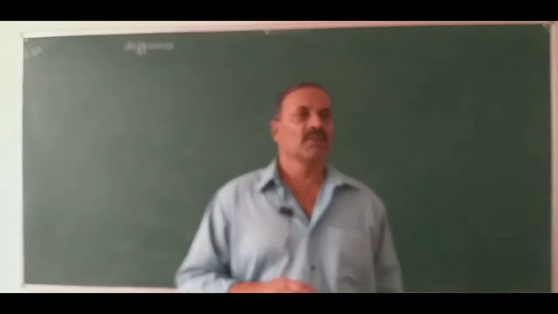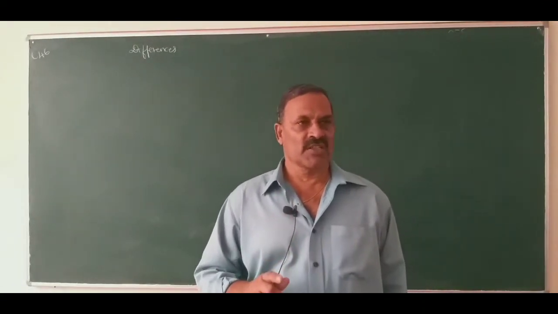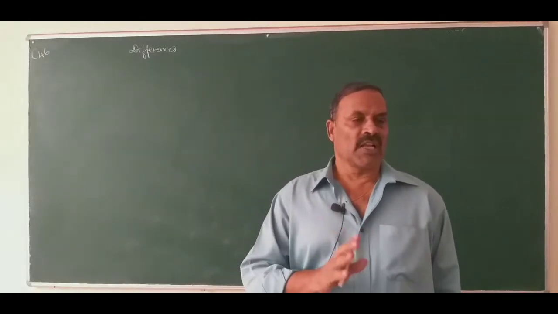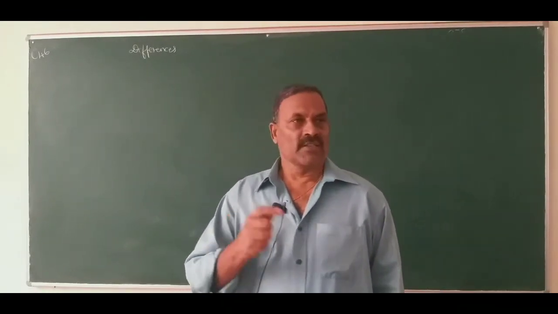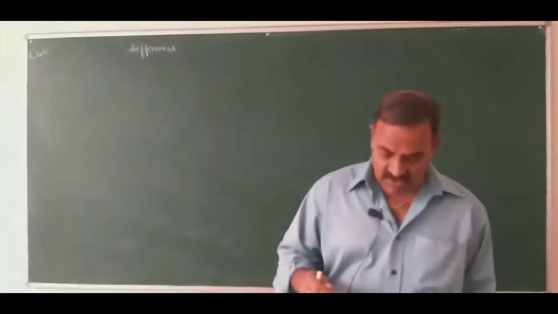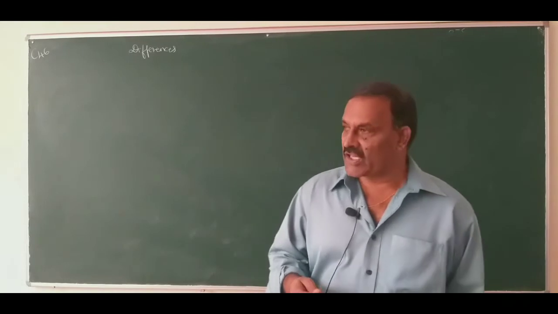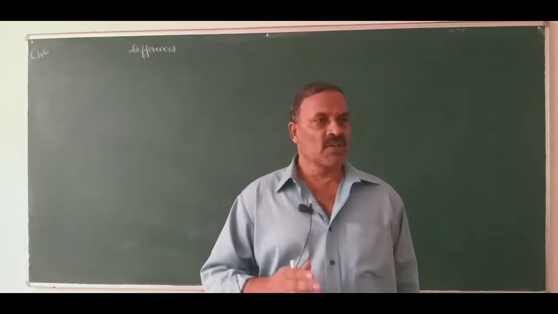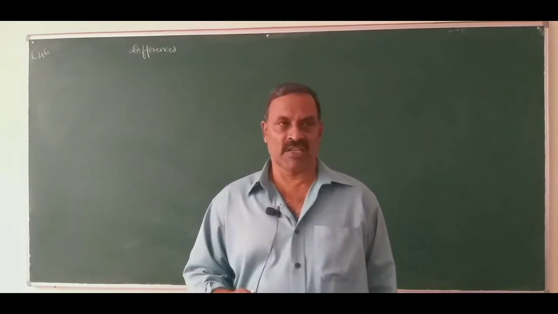Here the free energy of the oxidation reduction reaction is converted into electrical energy. An example of a galvanic or voltaic cell is the Daniell cell. Coming to electrolytic cells, these are electrochemical cells which convert electrical energy into chemical energy.